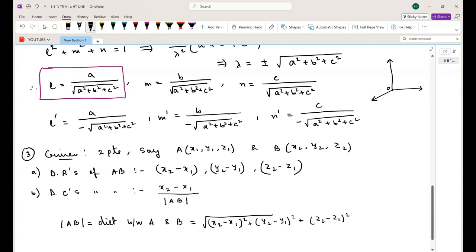This is the distance between A and B. So the corresponding DCs will be there. The first DC is this, the second DC is the second DR by the distance between A and B, and the third DC will be the third DR by the distance between A and B.